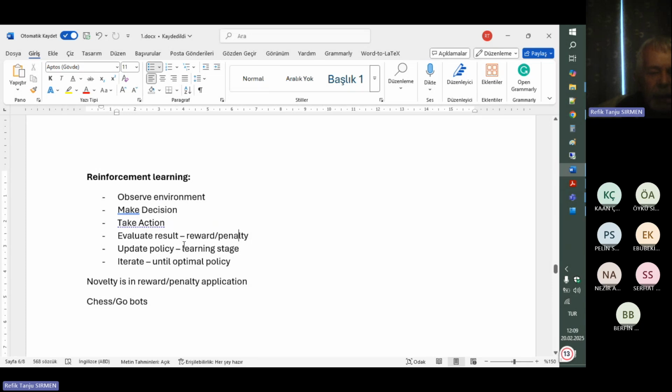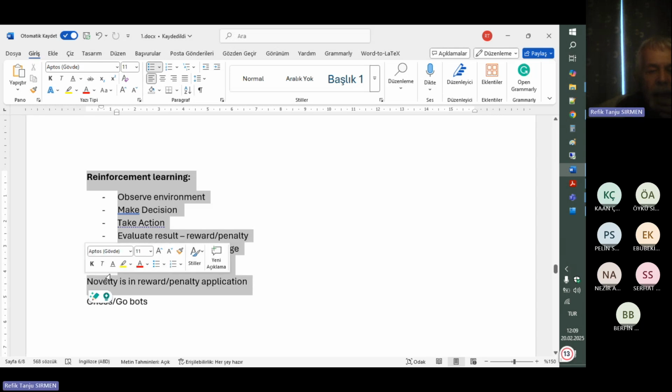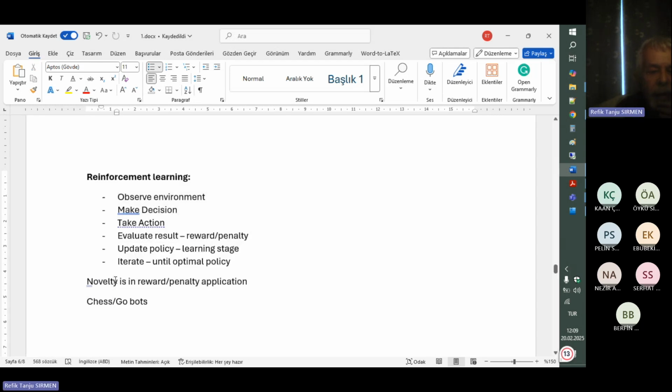We update the policy, which is the learning stage actually, and we iterate this again and again and again. Every time these rewards and penalties change. So based on this, at the end, we reach some optimal solution or optimal model, reasoning model. Okay. So this approach is totally different from the other ones. And the novelty behind this approach is the reward penalty mechanism application.